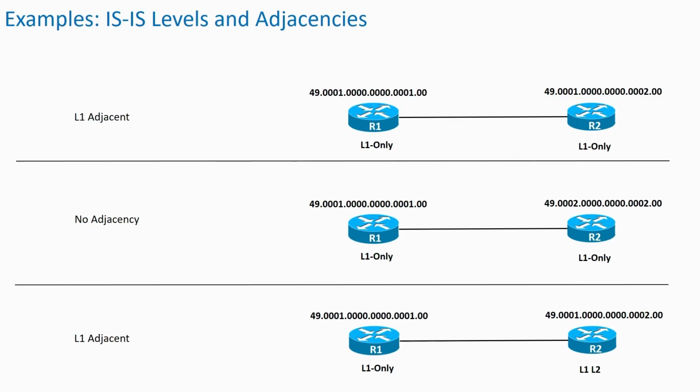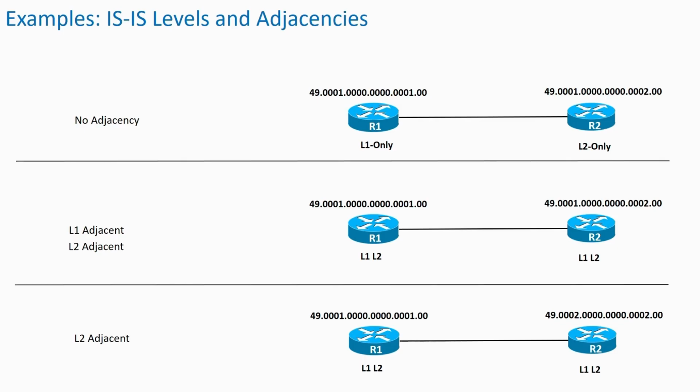49.0001. Here in the first example, router R1 is L1 only and router R2 is L2 only. So they will neither form L1 adjacency nor L2 adjacency. In the second example, both routers are L1 L2 capable and both routers belong to the same area. So they will form L1 adjacency as well as L2 adjacency.